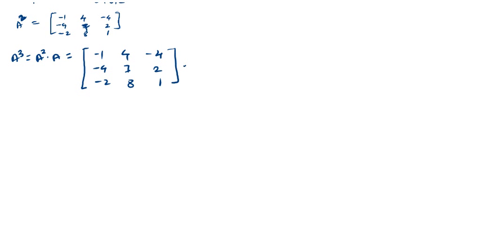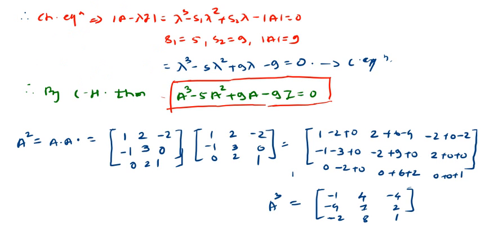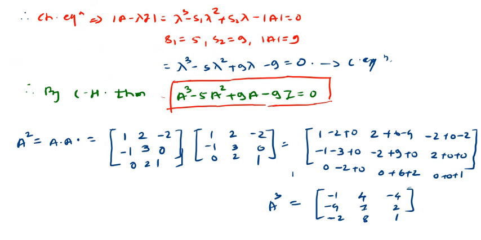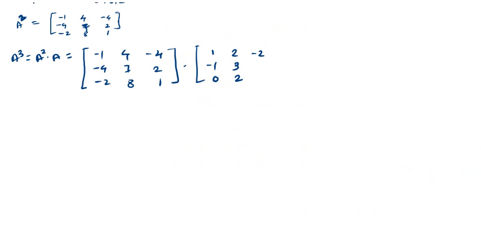A cube will be A square into A. A square is minus 1, minus 4, minus 2; then 4, 7, 8; then minus 4, 2, 1; and into the matrix A. Matrix A is 1, minus 1, 0; 2, 3, 2; and then minus 2, 0, 1.